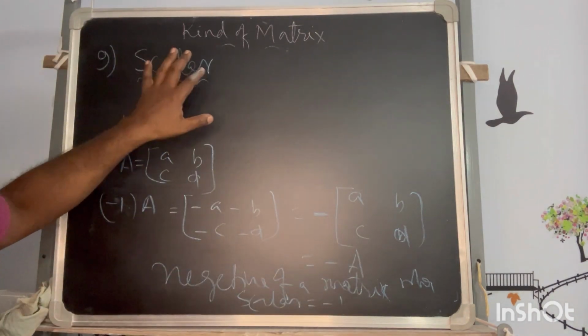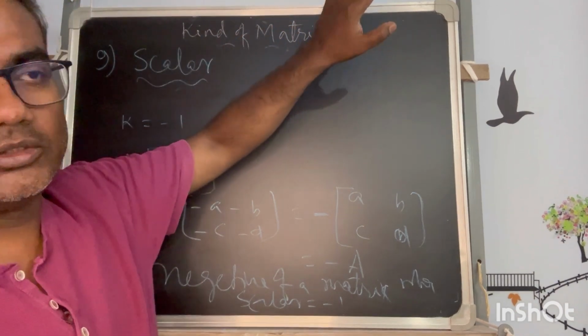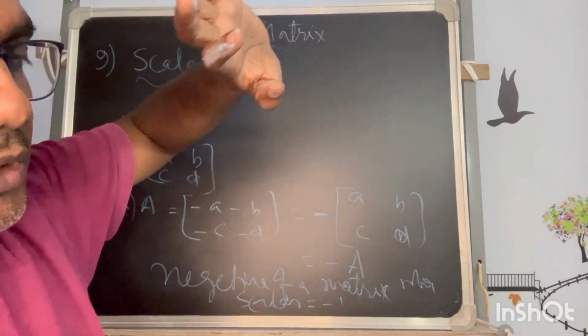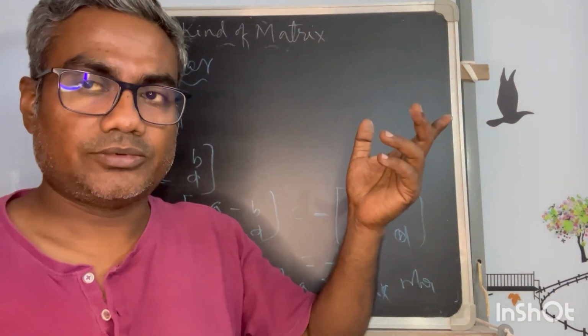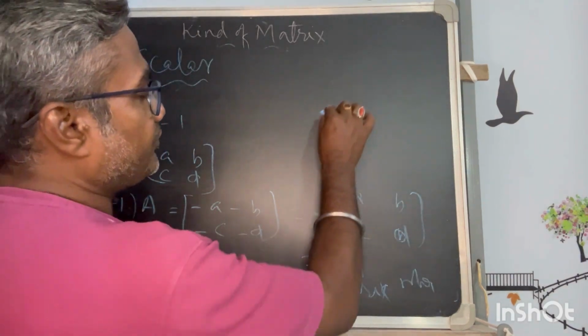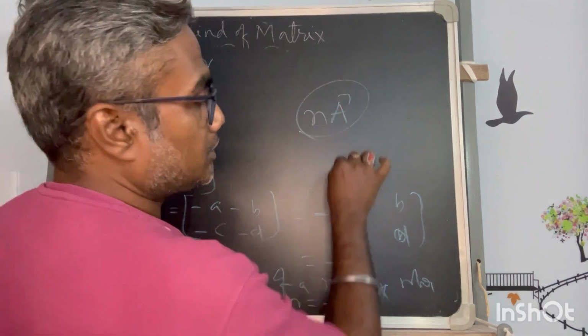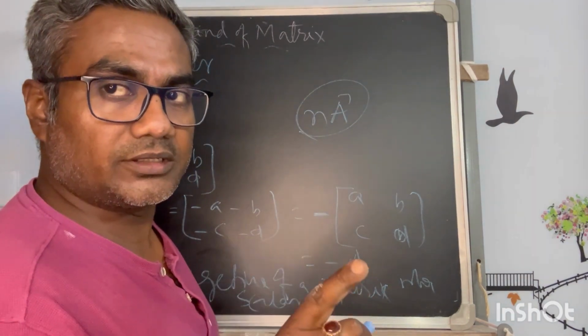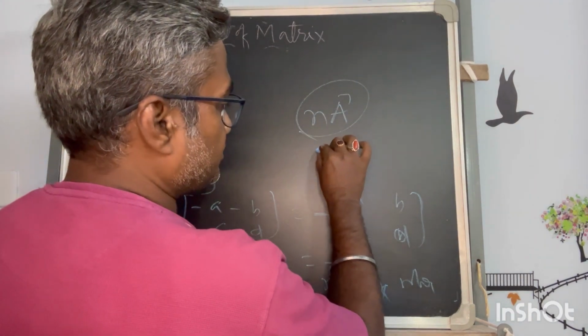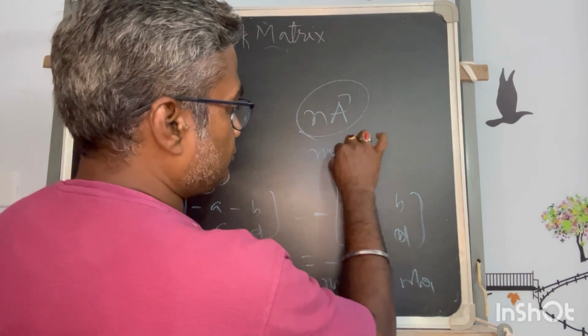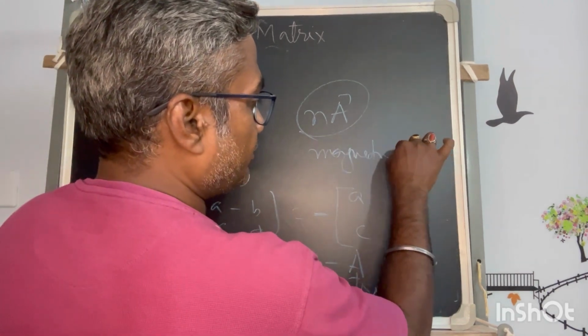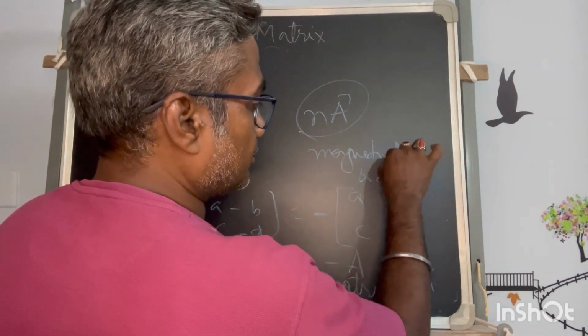This scalar is basically useful where we will work with vectors. If any vector is multiplied with a scalar, it won't change the direction of the vector, because a vector consists of magnitude and direction.